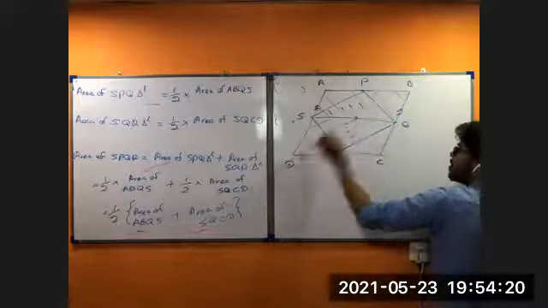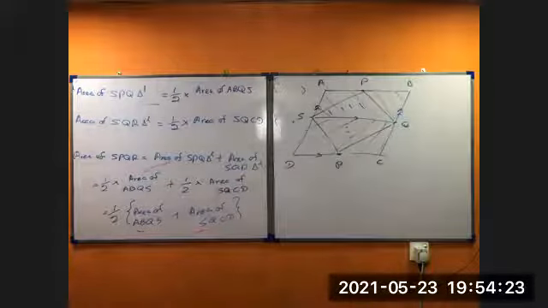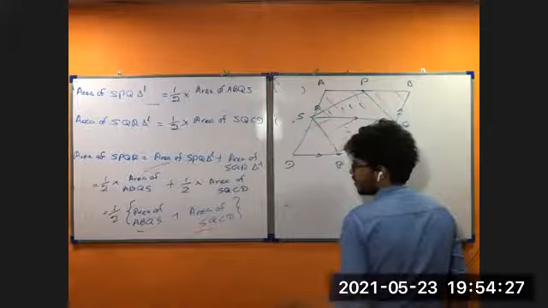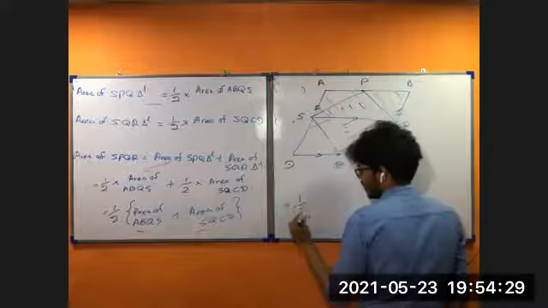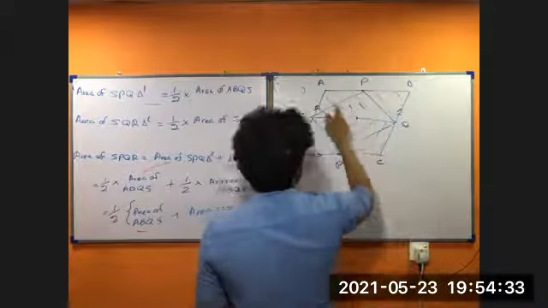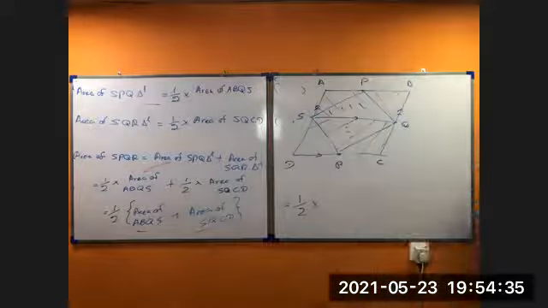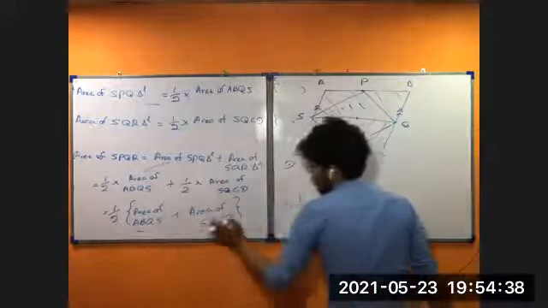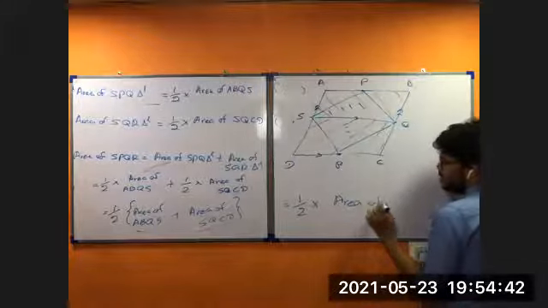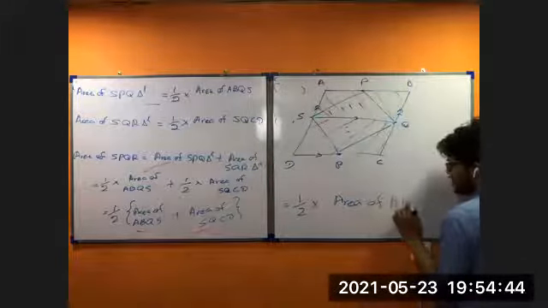That means the area of the full part, right? So you can write the next line. This is equal to half times area of ABQS plus SQCD, which you can write in one word as area of ABCD.